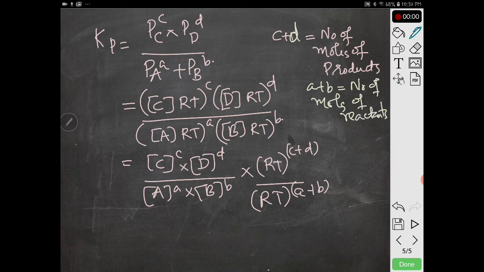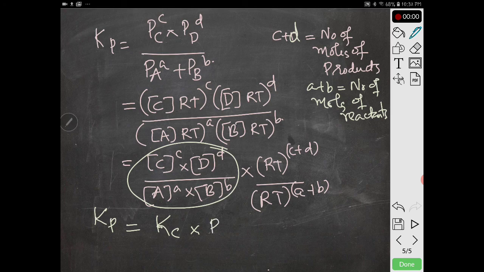So you can write down Kp is equal to, this whole part could be written as Kc into this RT raised to delta n. What is delta n if you ask?